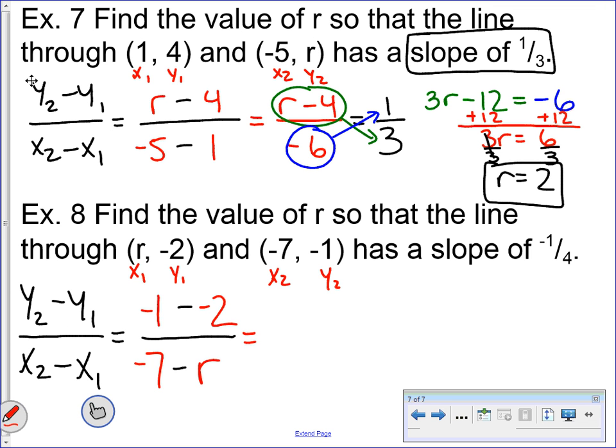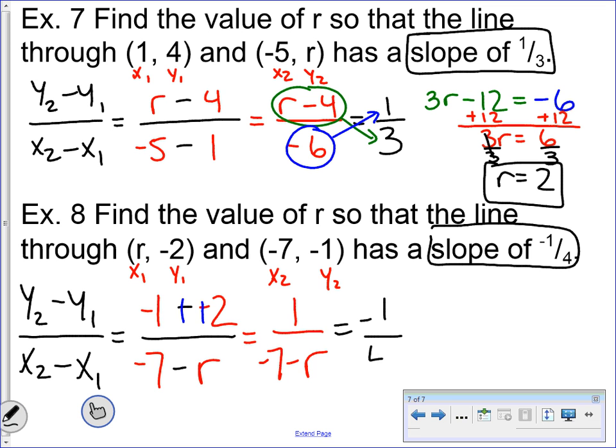On the top of this, I can simplify that. 2 negatives make a positive, so negative 1 plus 2 is positive 1 over negative 7 minus r. And that equals my slope, which is negative 1/4.